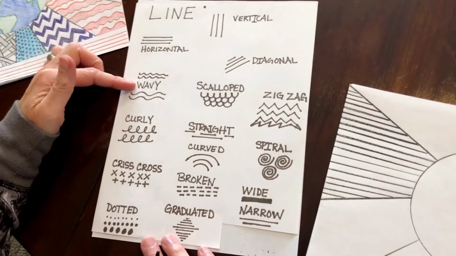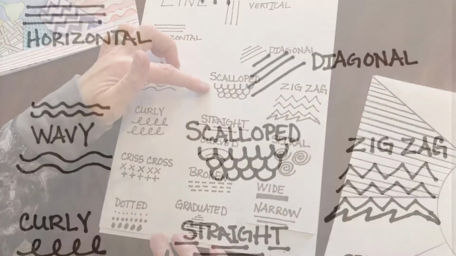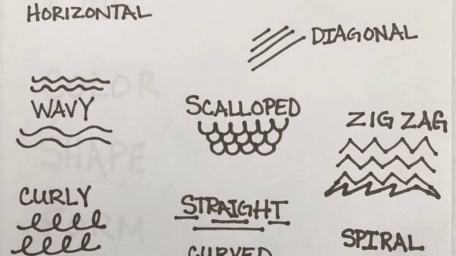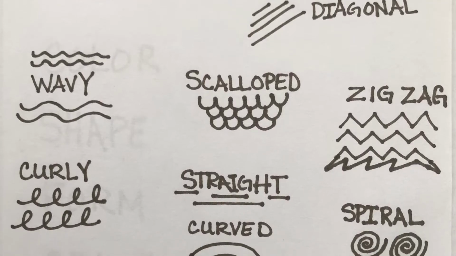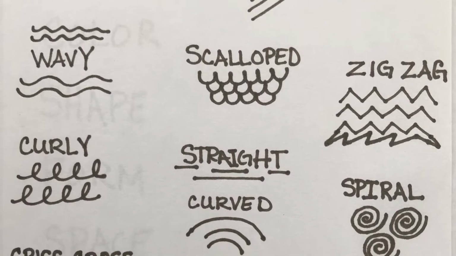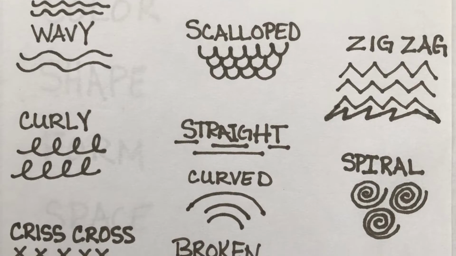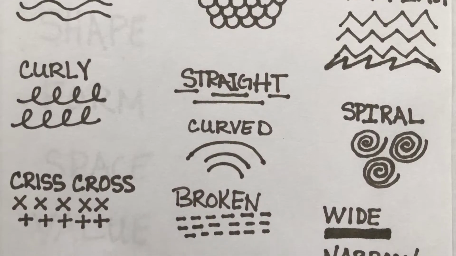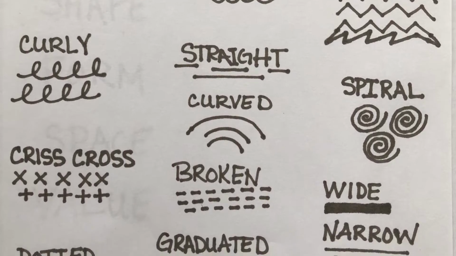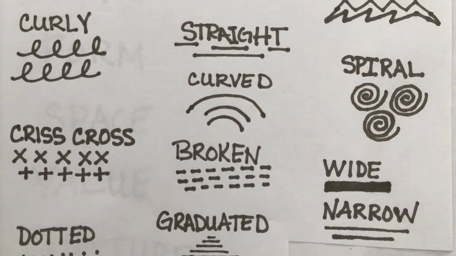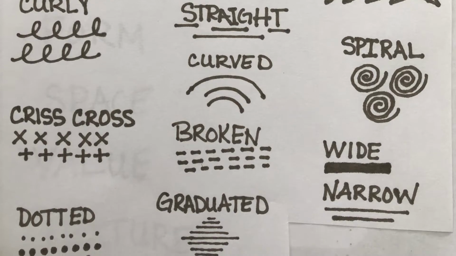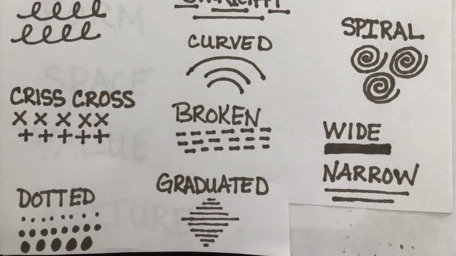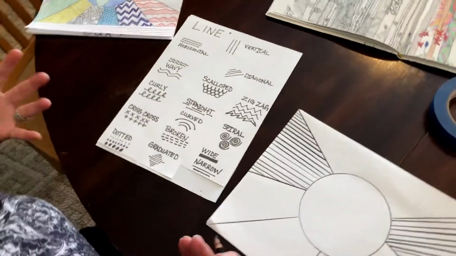And then we've got wavy, scalloped, zigzagged, spiral, straight lines, curved, curly, crisscross, broken lines. We've got wide and narrow, graduated, which means they start out small and get bigger, and then go back small again, and then dotted. And these are just a small sample of what you can do.